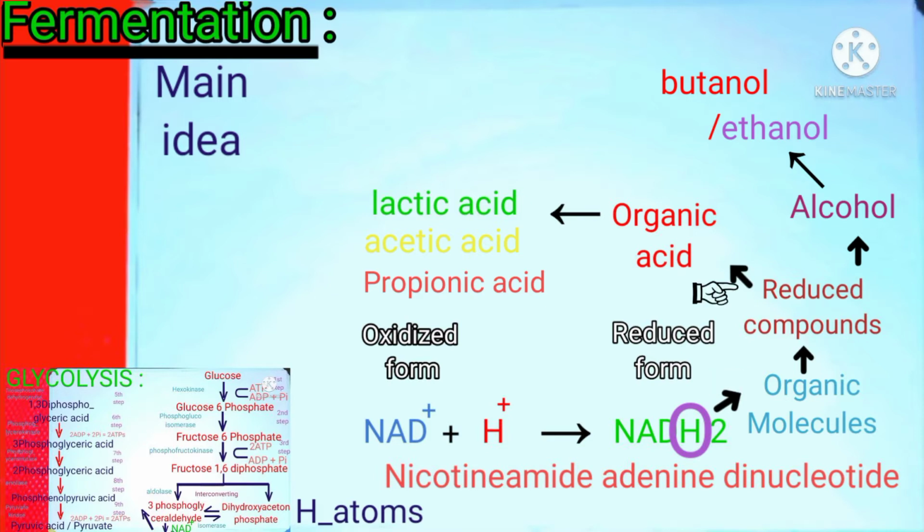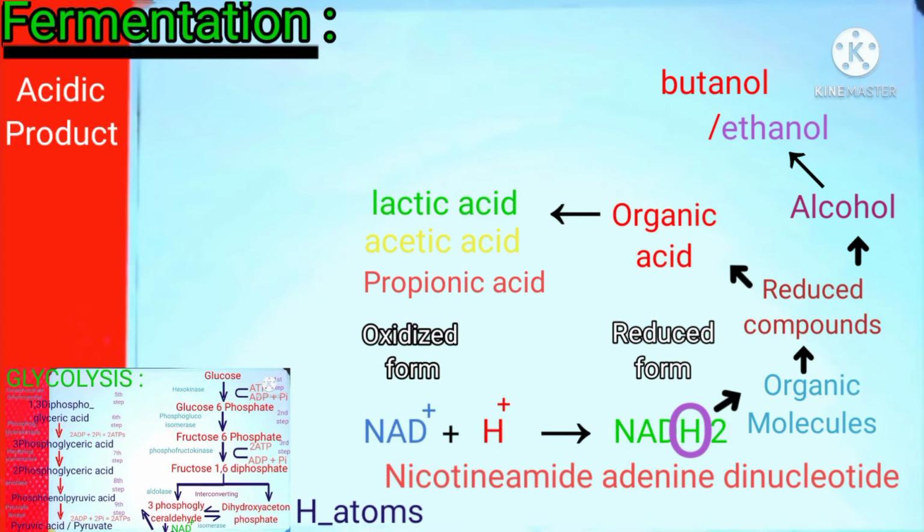These reduced compounds can be an organic acid such as lactic acid, acetic acid, propionic acid, or an alcohol such as ethanol, butanol, and some other alcohols. So during fermentation, we obtain either an acidic product or an alcoholic product.